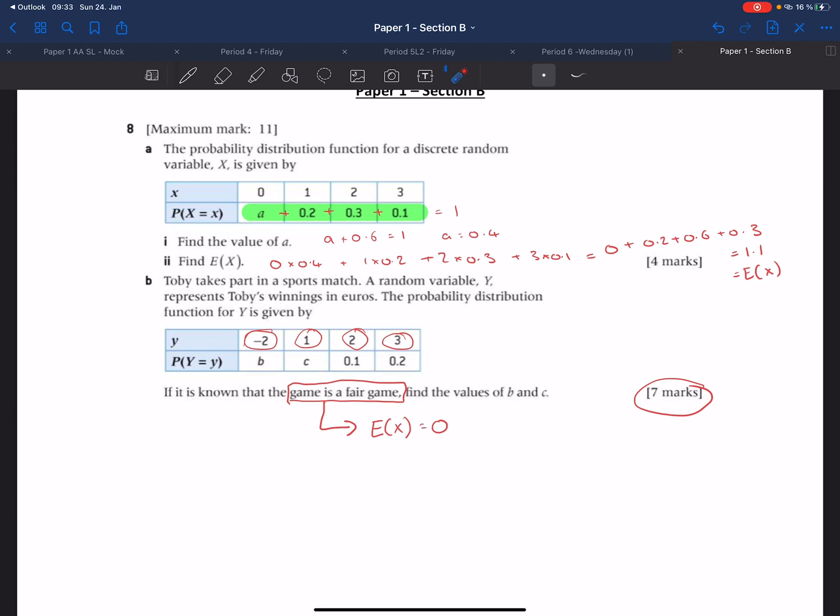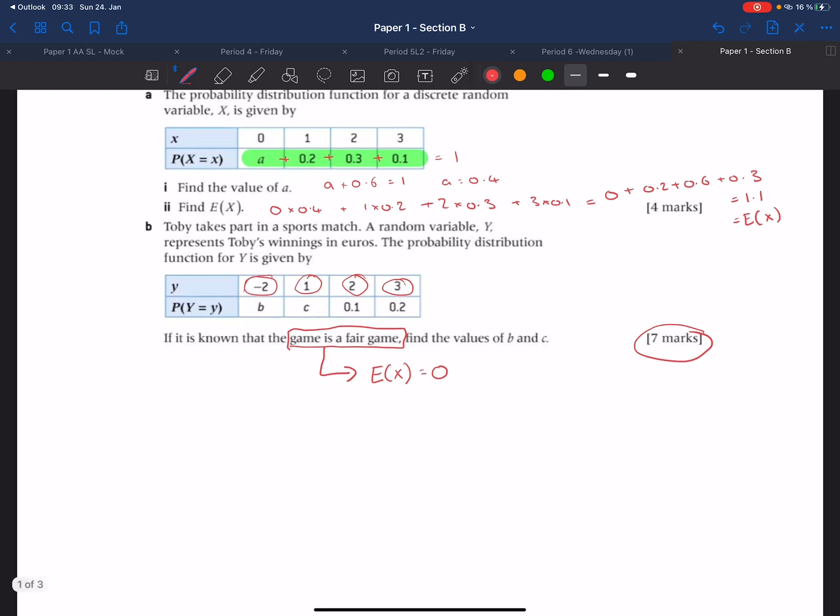Actually, we can use what I've highlighted in green on the previous question, which is that all of these should also add to equal 1. So let's write down both of those equations. We know B plus C plus 0.3 equals 1. And if the expected value equals 0, I know minus 2b plus c plus 0.2 plus 0.6 equals 0.